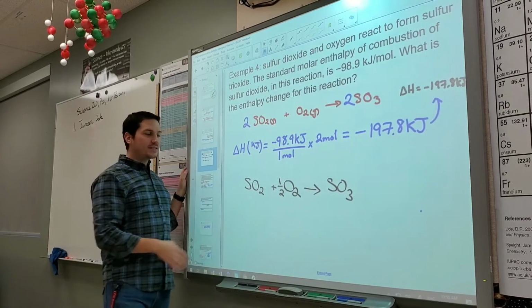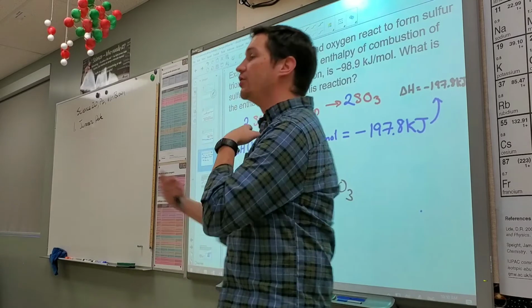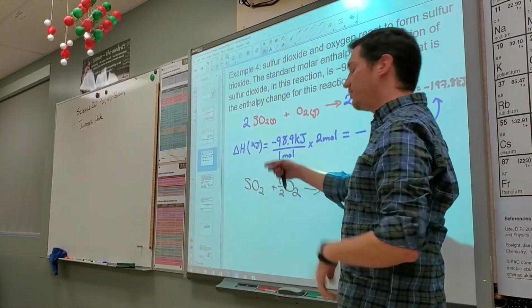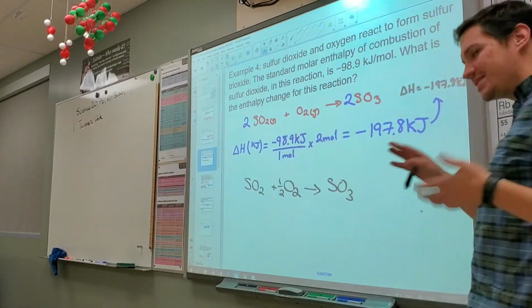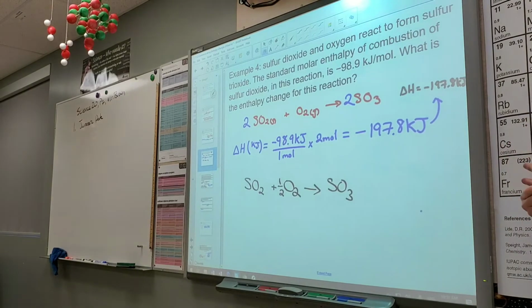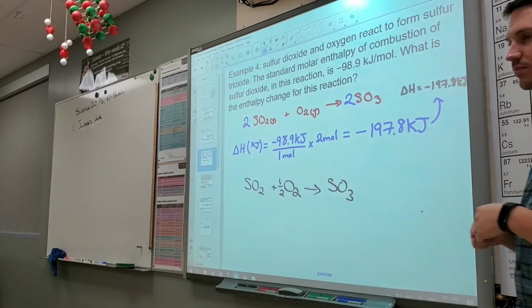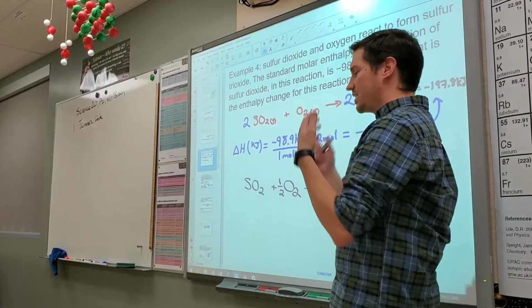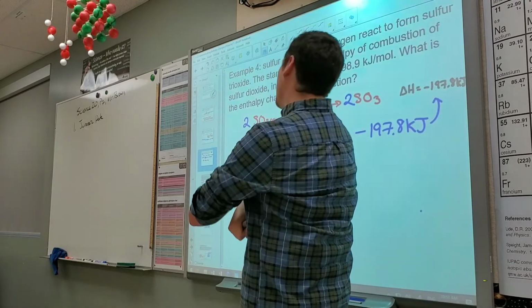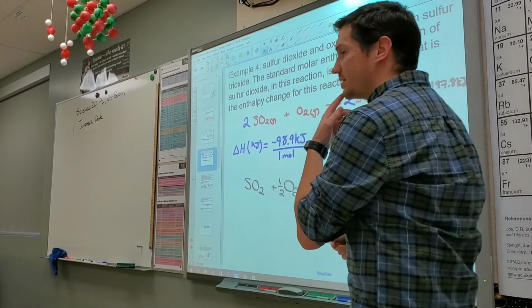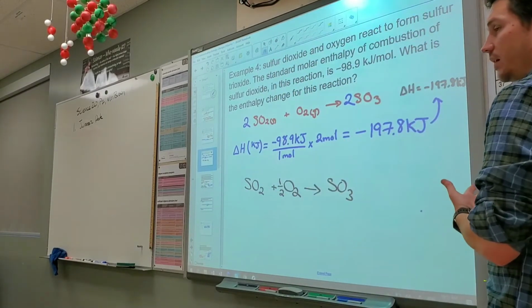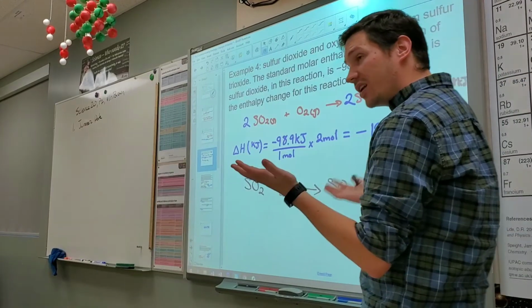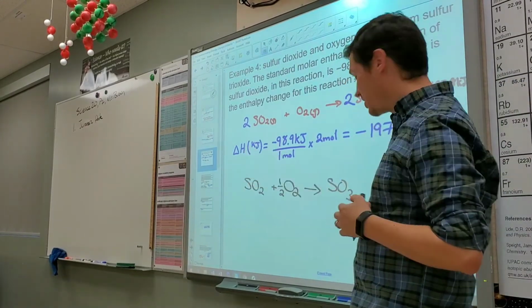And you often see this in the energetics unit. You often see fractional coefficients. When's the last time you saw a fractional coefficient? Probably never. Maybe you saw it in grade 9, but just as an example. This is typically not the way we would write a lot of chemical reactions. We usually want to use lowest whole number coefficients, right?